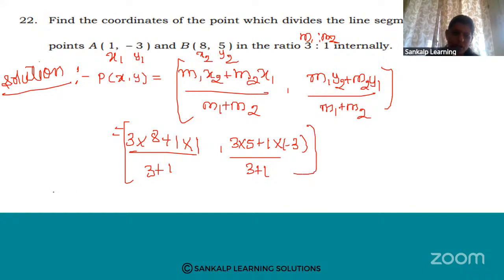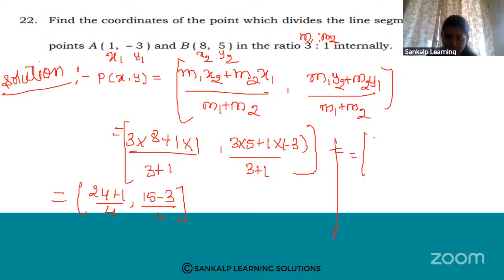So now 3 into 8, that is 24. 24 plus 1, 1 into 1 is 1, divided by 4. Here 3 fives are 15 minus 3, divided by 4. So 24 plus 1 is 25 divided by 4.